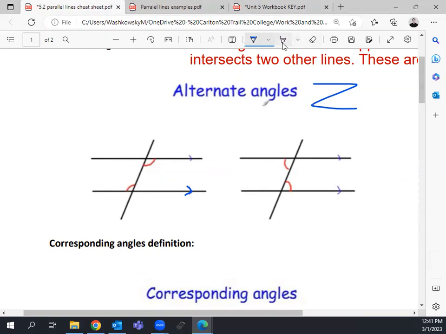If we have a Z, we can always identify alternate angles. As you can see here, I've highlighted along these lines, I have a Z. If I highlight along these lines, I have a Z. And the second you see you have a Z with 2 lines, you know that these little nooks and crannies between them are going to be this exact same angle.